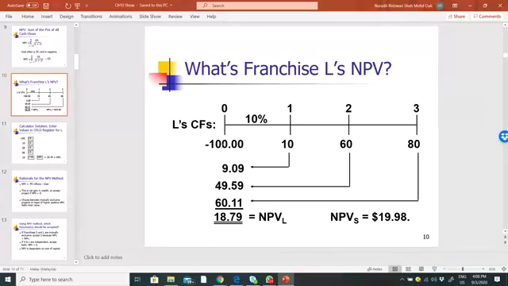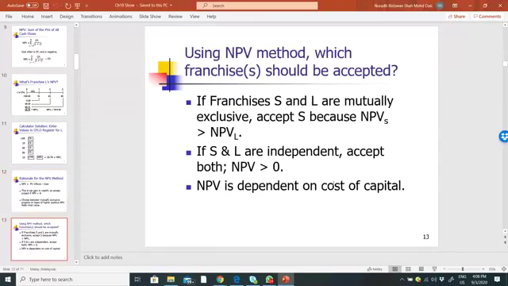So which one can give us more return? If S and L are mutually exclusive, accept S because NPV S is greater than NPV L, and if S and L are independent, accept both.